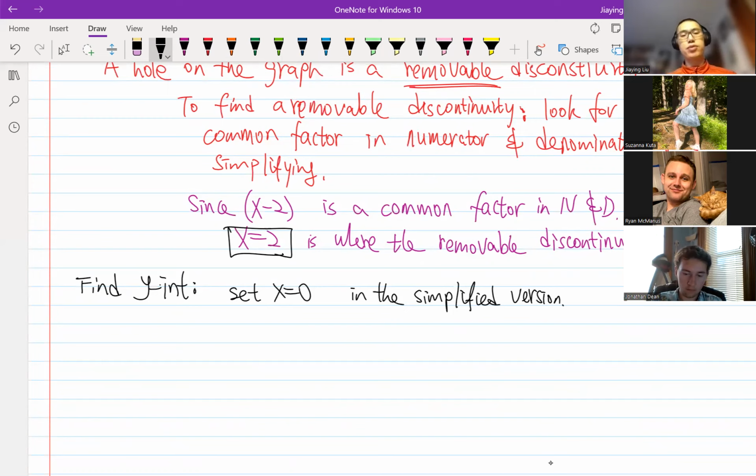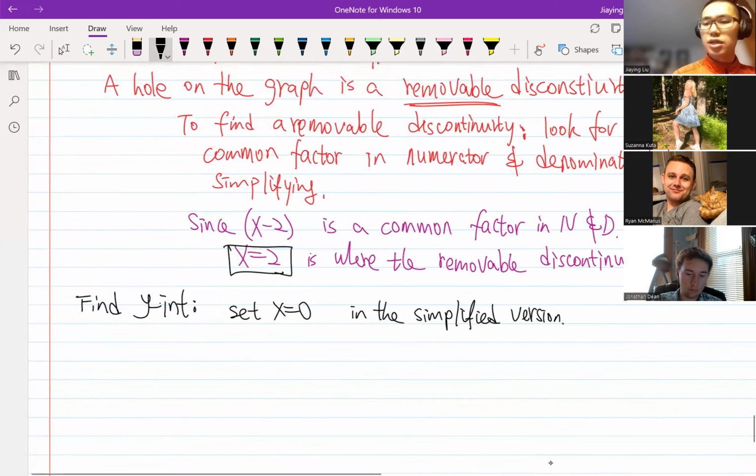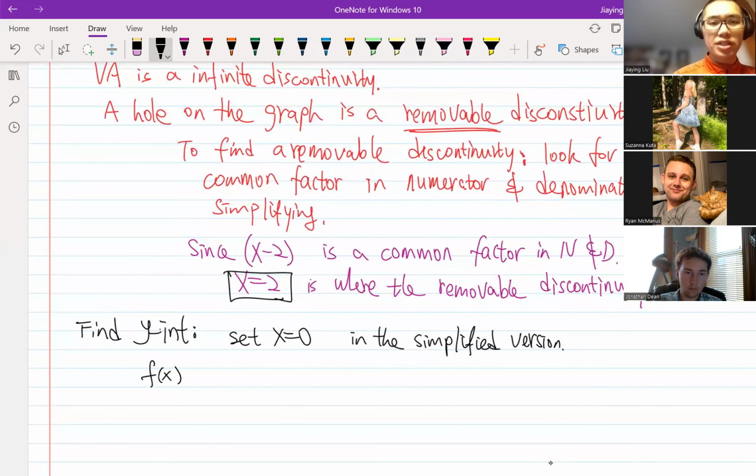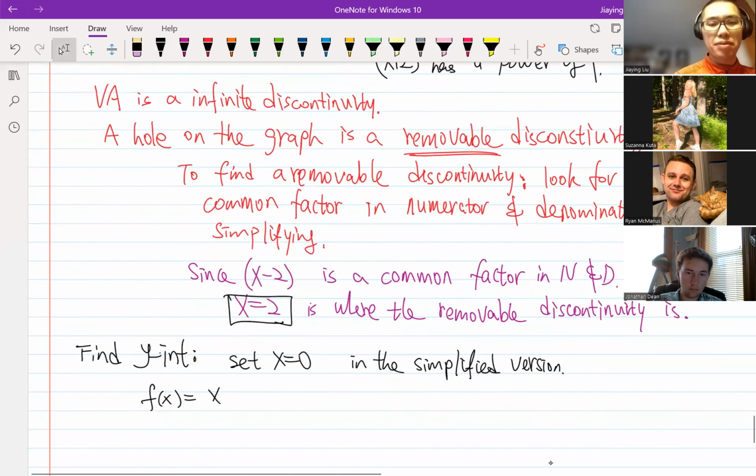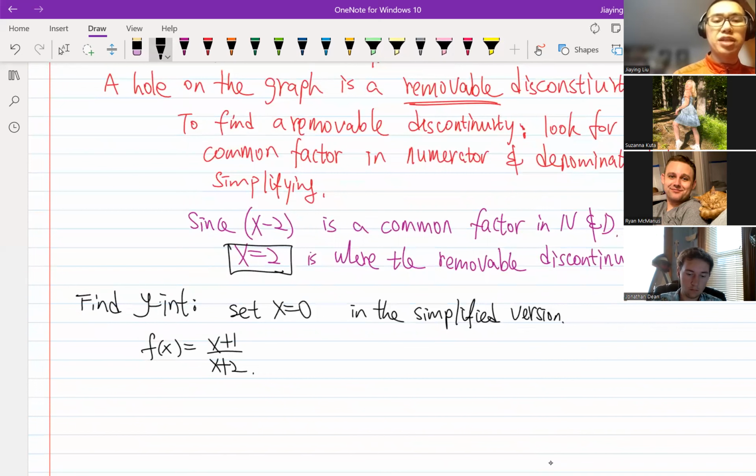Just be careful there with the leading terms. So that's going to be, what did I have? I have f of x equals x plus 1 divided by x plus 2. To find a y-intercept, we're going to make x equals 0. So f of 0 is going to be 1 over 2. So this is the y-intercept.